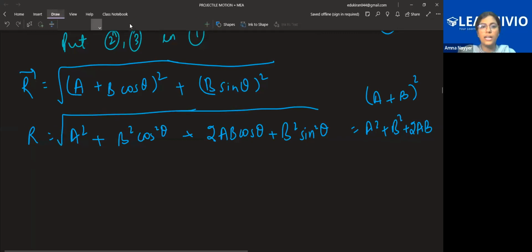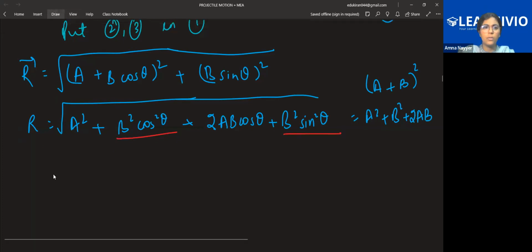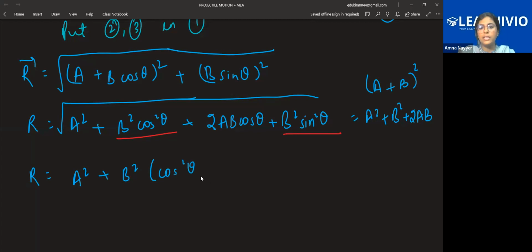Now, class, look at this. B square cos square theta, here B square sine square theta. Can I take B square common from this? I can take B square common from here. So, this is A square. If I take B square common, I'll be left with cos square theta plus sine square theta, plus 2AB cos theta.